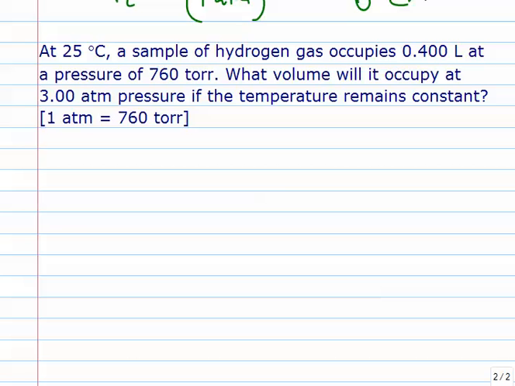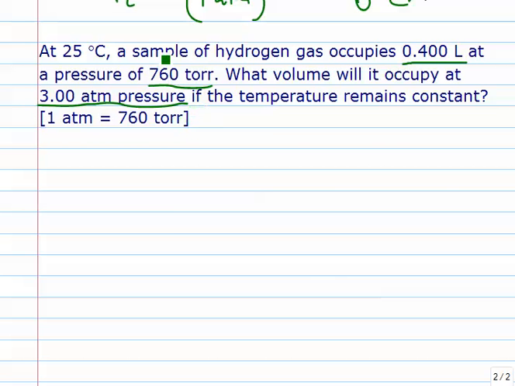Another assumption we make here is that the number of moles of gas doesn't change, because we're talking about a fixed amount of gas. So the critical pieces of information are our initial volume, 0.4 liters, our initial pressure, 760 torr, and our final pressure, 3 atmospheres.